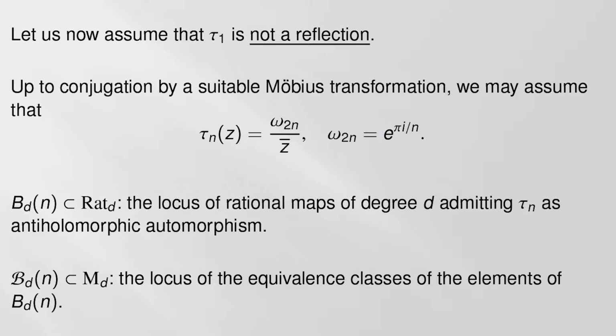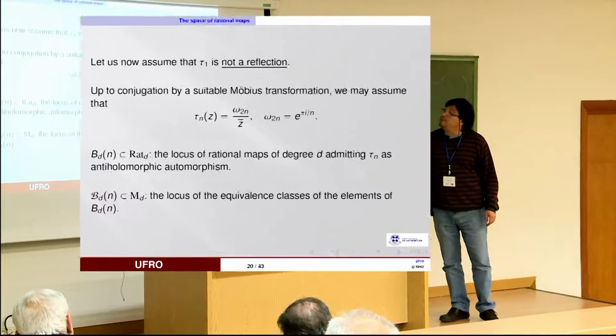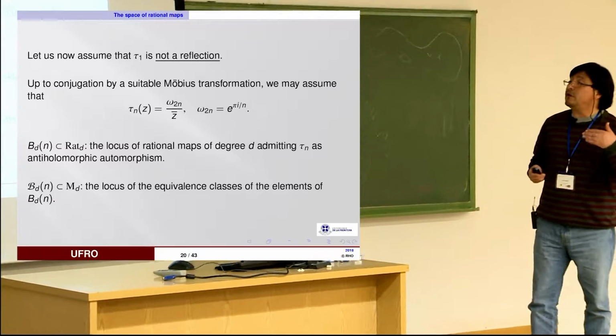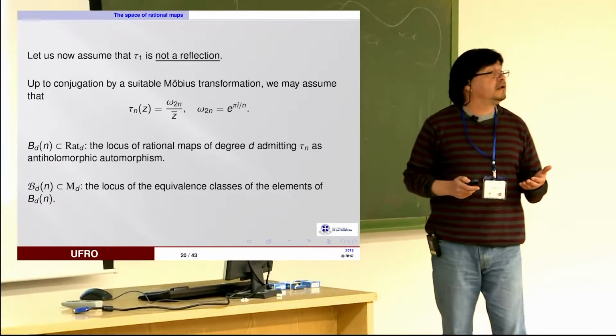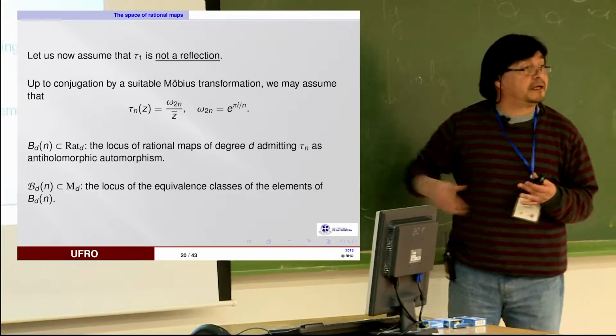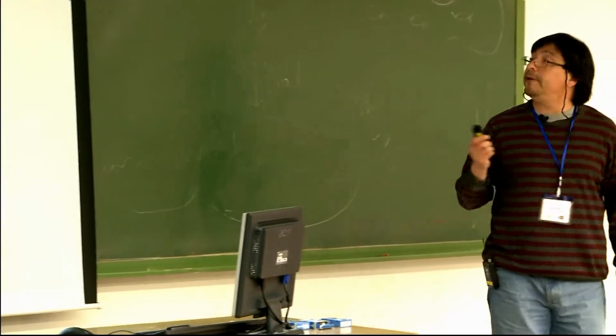So we are going to, in the rational space, we have the locus of these rational maps admitting such an anti-holomorphic automorphism, and its projection will be in the moduli space, the corresponding one. So we want to know what these objects are. So how will this look in here, and which relation do we have here?